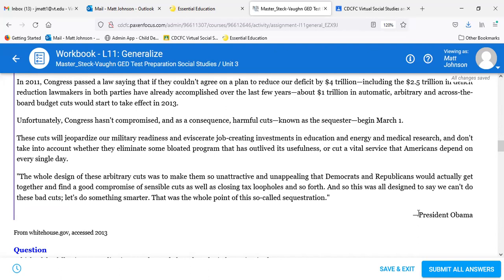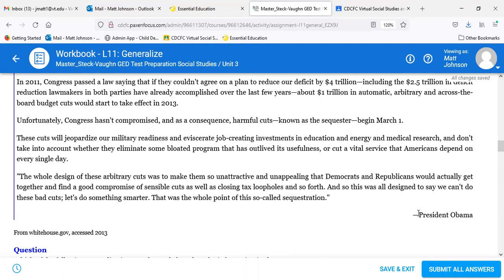Now, just a little bit on sequestration. When there's budget issues and all of a sudden there's concern about the deficit and debt spending in government, if they don't pass a budget and continue to fund certain things, then it's called a sequestration, to basically interrupt those services and shut them down until they receive additional funding.